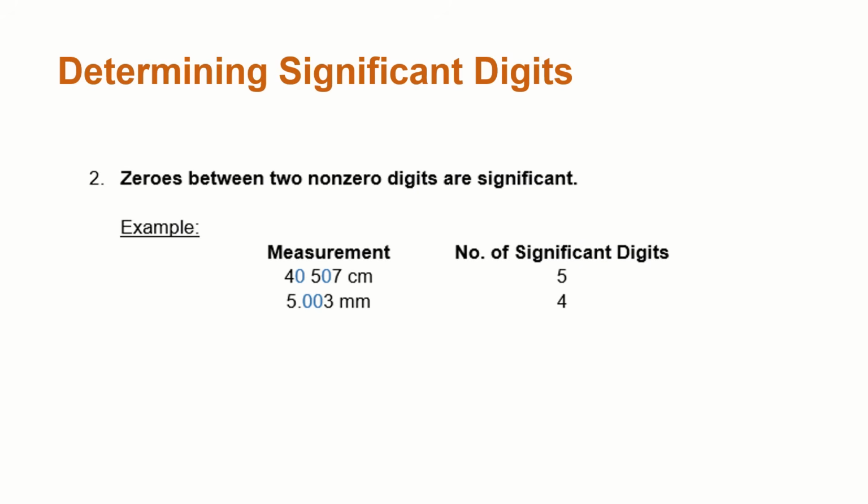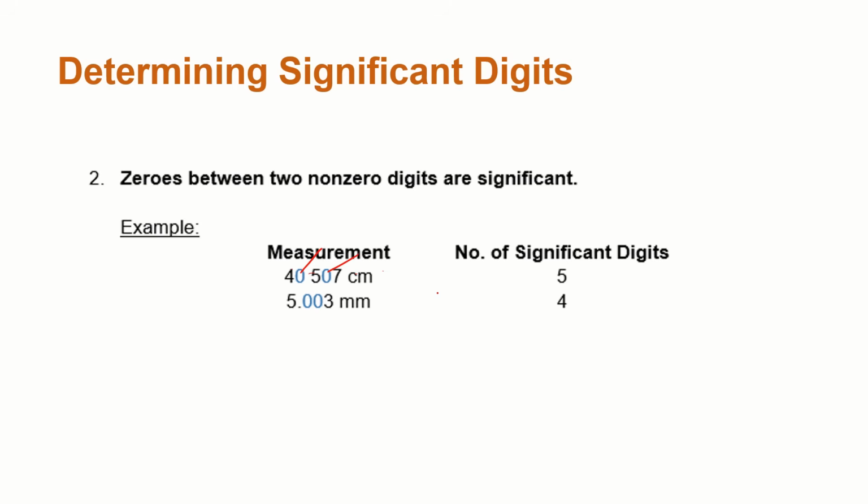So second rule is zeros between two non-zero digits are significant. Kapag napapagitnaan yung zero ng mga non-zero numbers, significant yung zero na yon. So for example, 4, 0, and 5. So between 4 and 5, meron tayong 0. So this 0 is significant. And then 5, 0, 7. So this 0 is significant.